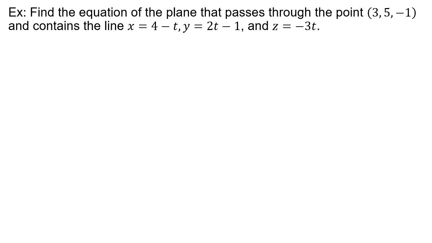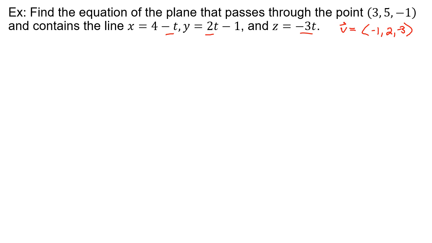Well, one vector I could use is the vector from the line, the -1, the 2, and the -3. I could use vector v as (-1, 2, -3) from my equation of a line. That is a vector that is in the plane.